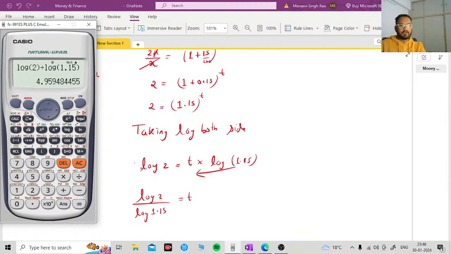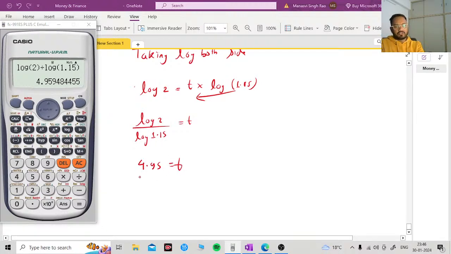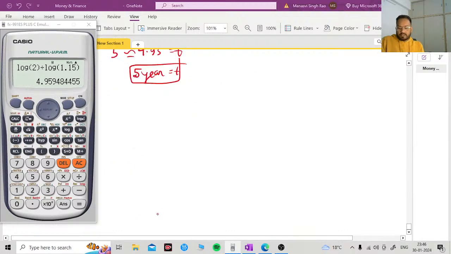Correct. Very good, Umayani and Shaurya, you're done, right? 4.95 is the time, which is nearly equal to 5 years. So this is how we need to solve this question. Yes.